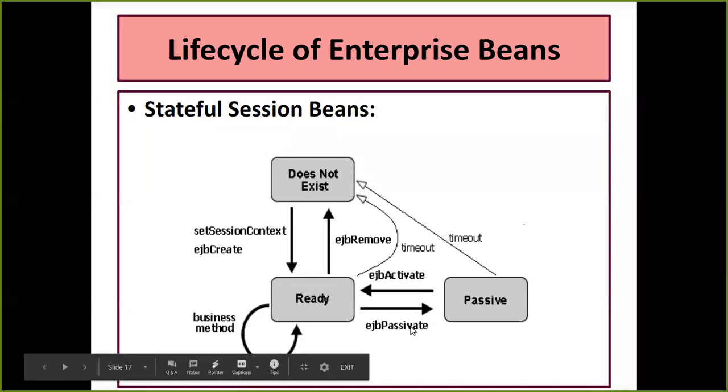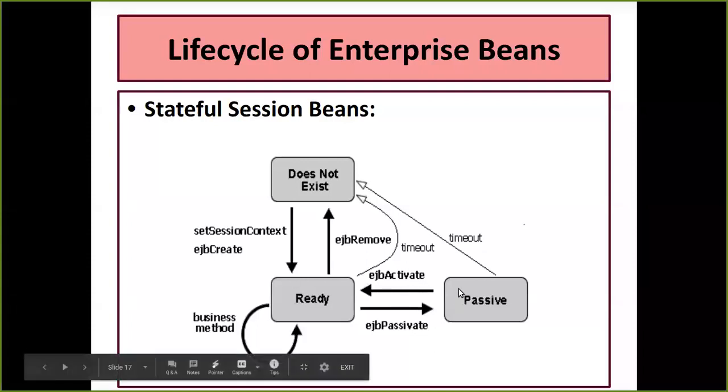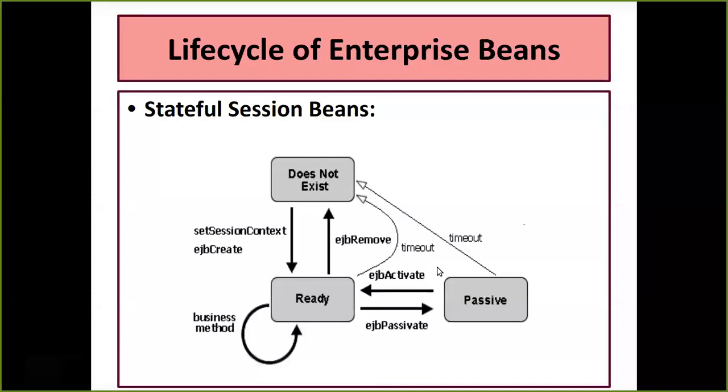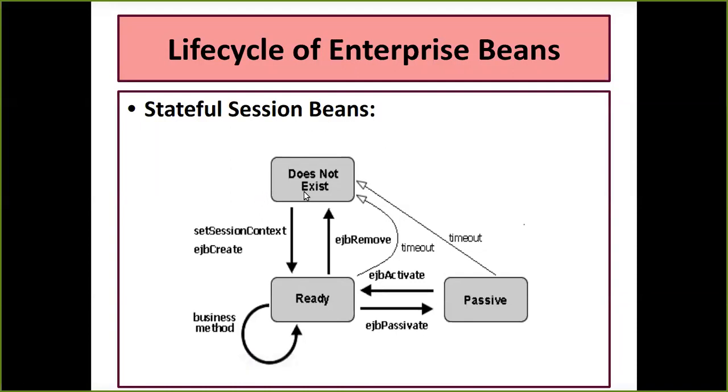If you remember the annotations @PostActivate and @PrePassivate, depending upon those annotations your container works ahead. Passivate makes the method call before the client accesses it, and activate is exactly the reverse of it. Once it is done, the timeout happens and it goes back to the first phase. That is the stateful session bean life cycle.